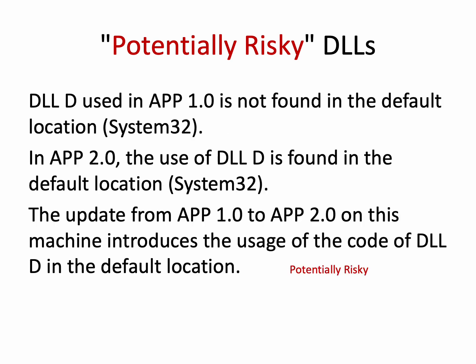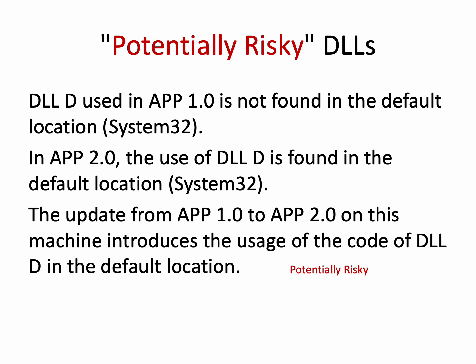Let's think about an application version 1.0, its original version, where a DLL is not found in the default location. Then in its updated version, like app 2.0, the DLL is now found in the default location.